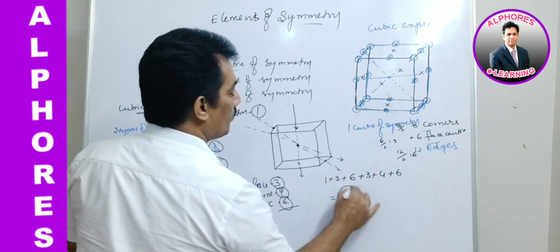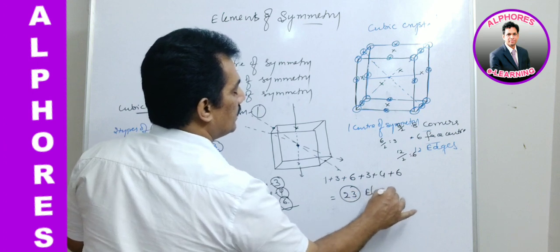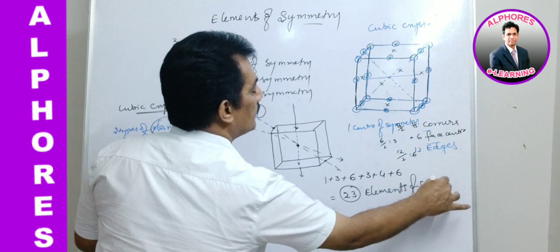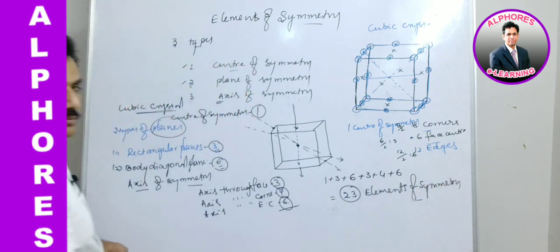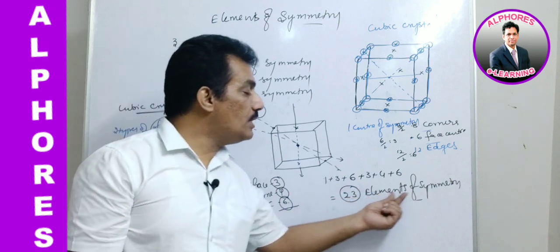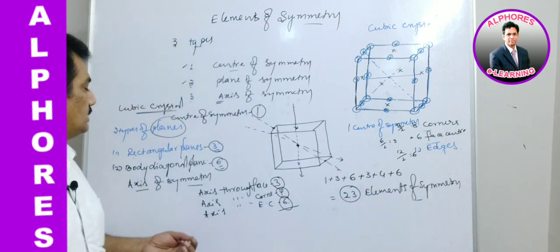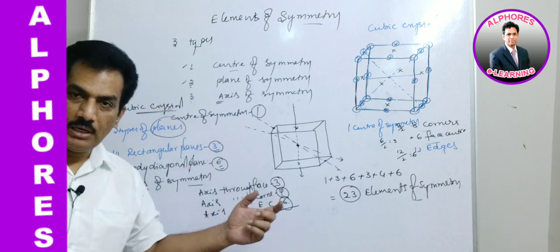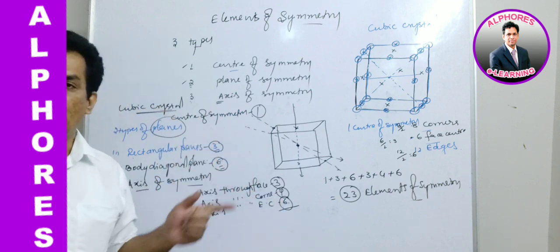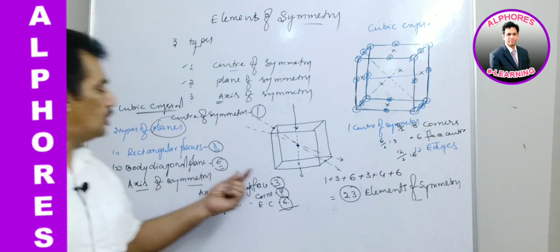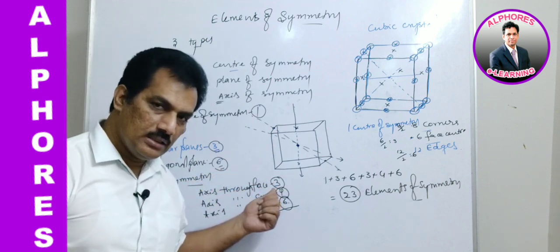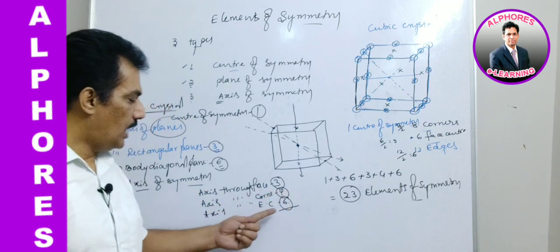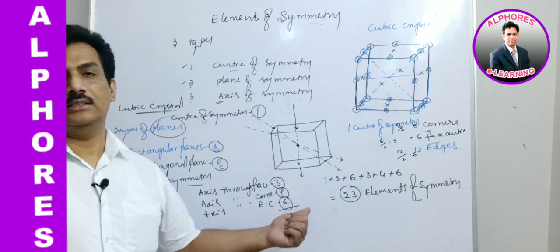23 elements of symmetry are present in a cubic crystal. They are 1 center of symmetry, 3 rectangular planes, 6 body diagonal planes, 3 axes through face centers, 4 axes through corners, and 6 axes through edge centers.